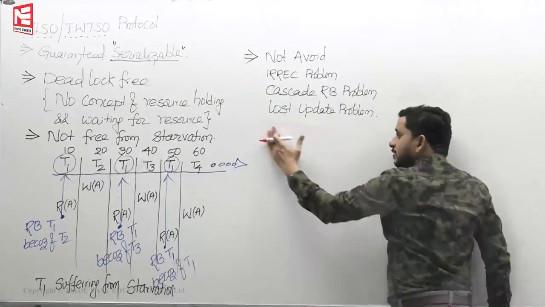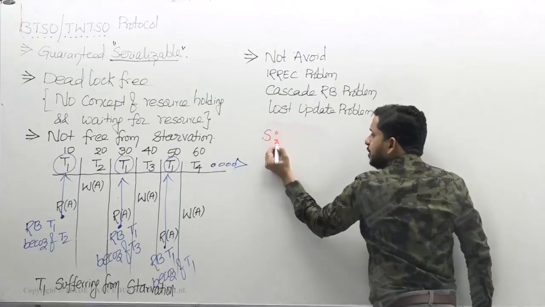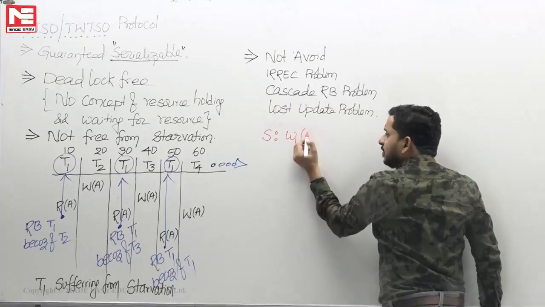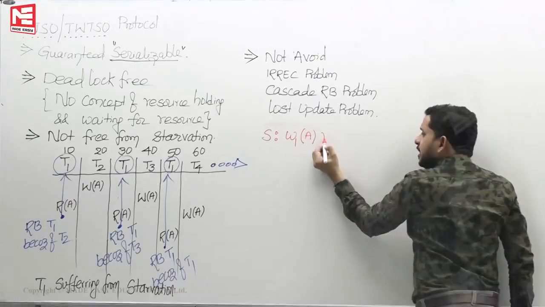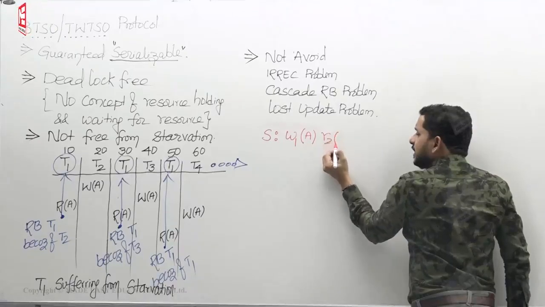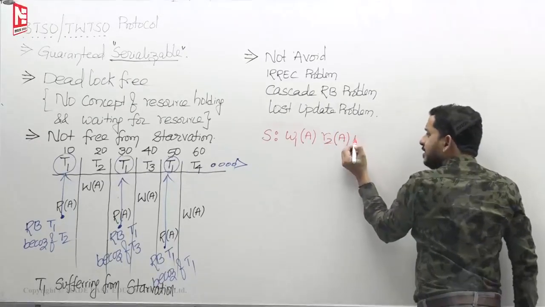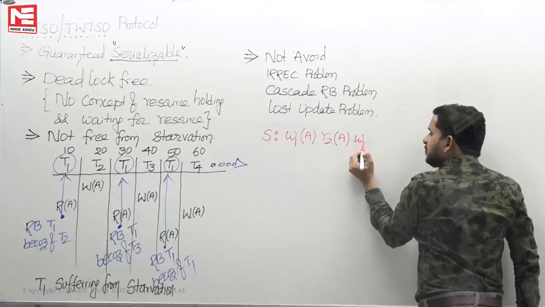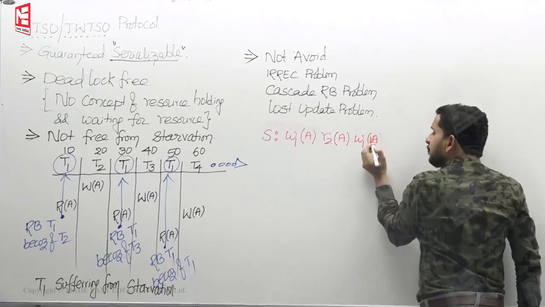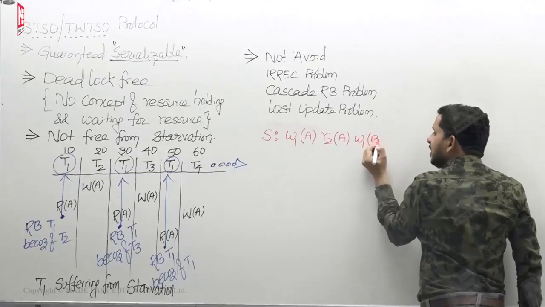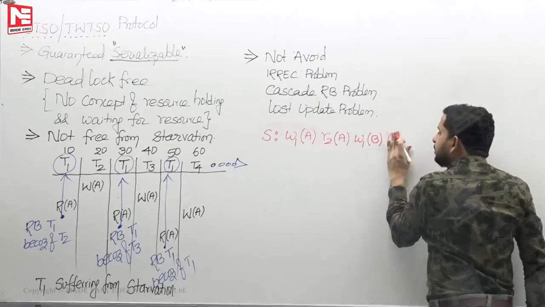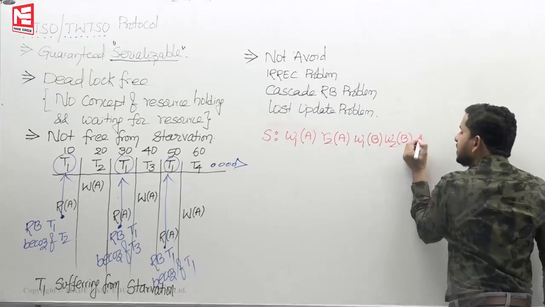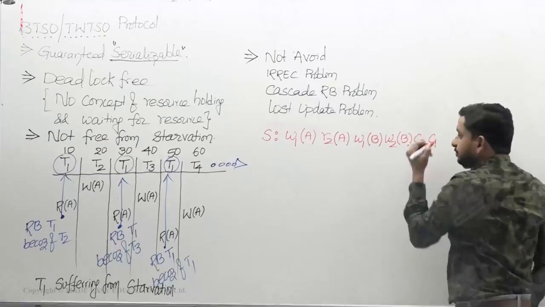For example, just take this schedule: T1 requested write of A, then T2 requested read of A, then T1 requested write of B, and T2 requested write of B, and T2 committed before T1. So T1 did write A, T2 did read A, T1 did write B, T2 did write B, and T2 committed before T1.